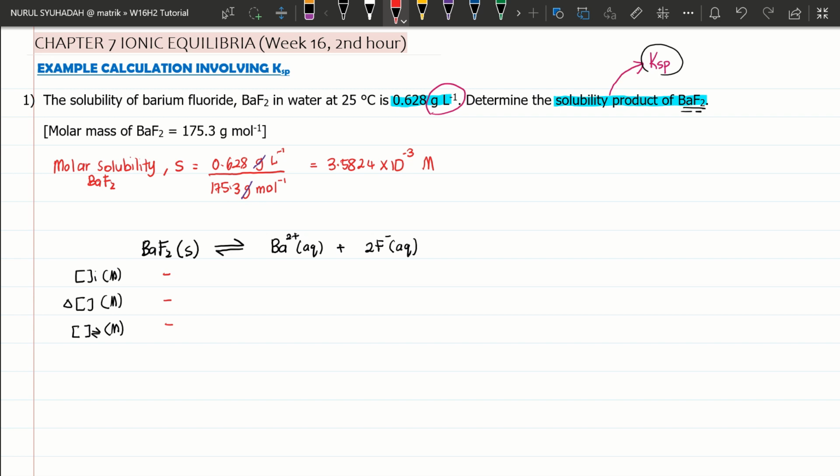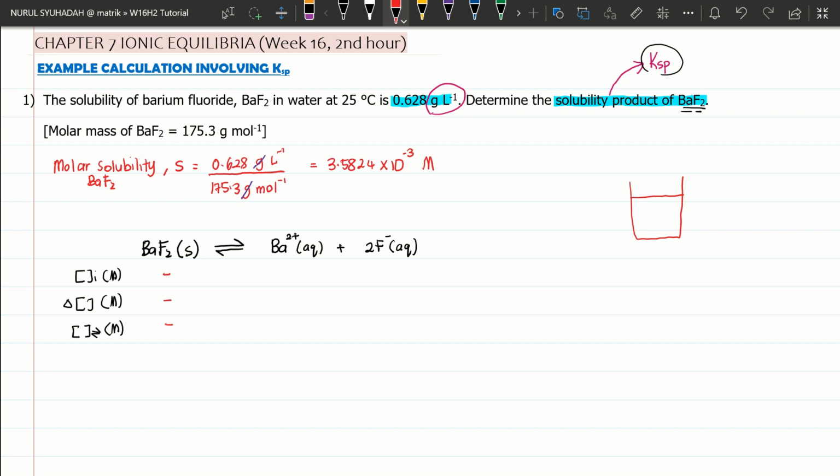Okay, so sekarang initially, do we have the concentration of Ba2+ and 2F-? Okay, ceritanya adalah sekarang ni kita ada dekat dalam bekas. So usually solvent kita adalah water. So initially kita memang tak ada pun BaF2 dekat sini.